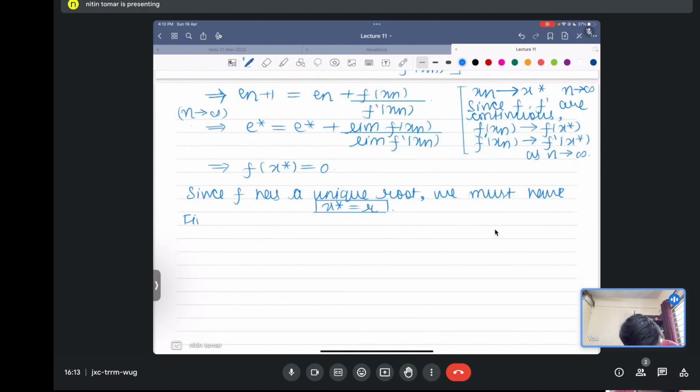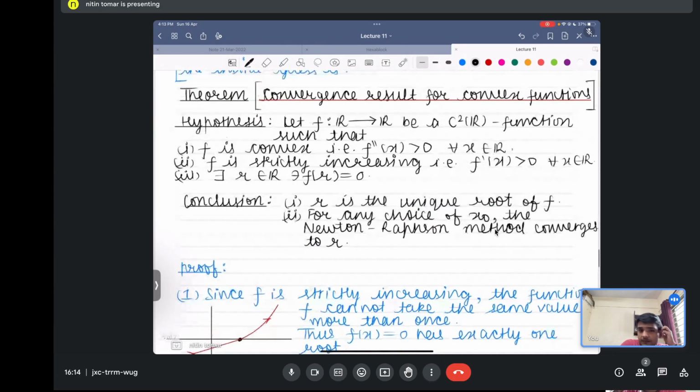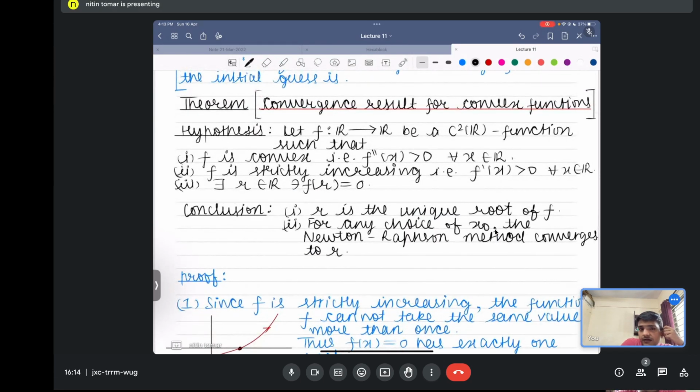Finally we have that x star was this limit of xn, and this converges to r, and this finishes the proof of this convergence theorem for the convex function. Yeah, so the proof was derived from the previous convergence result for the Newton-Raphson method.